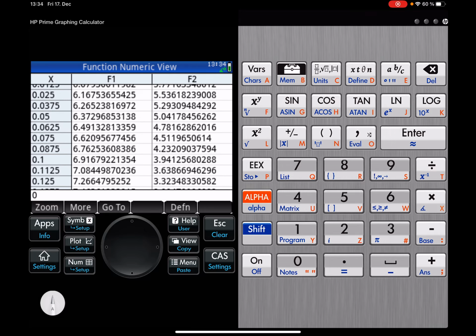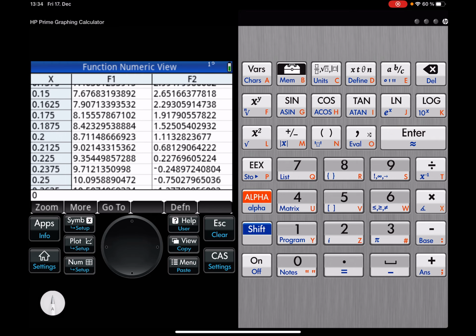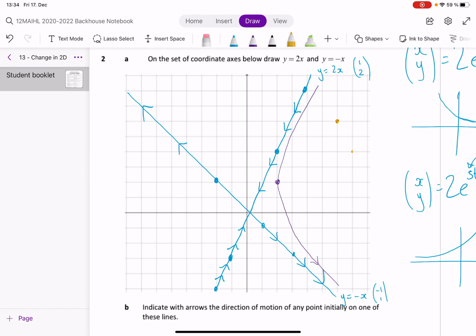Okay, that gives us a little bit more detail, doesn't it? 8, 2 is the rough point I'm going to take. I'm not going to be able to do this particularly accurately, but it's going to end up around about there, and then I'm losing it off the side of my graph. So that's where we're heading.